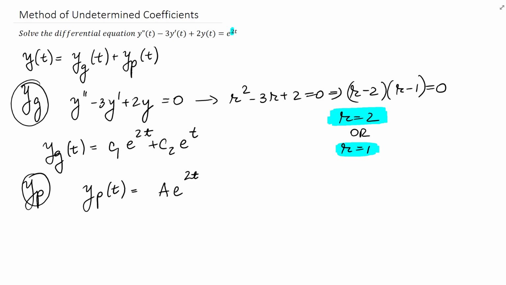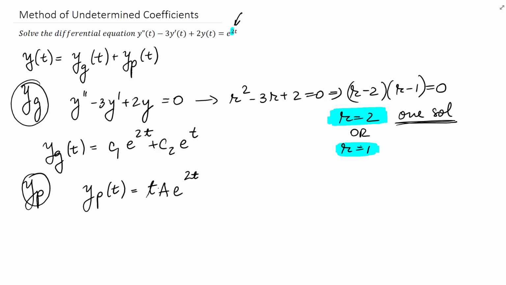So this is one solution of the characteristic or auxiliary equation that matches this. That means the particular solution is going to have a factor of t in it, and that factor is t to the first because it's only one time here. If it was a repeated double solution, we would have a t squared.